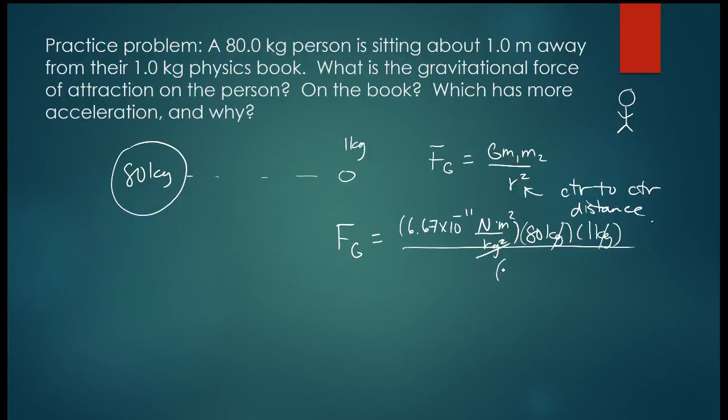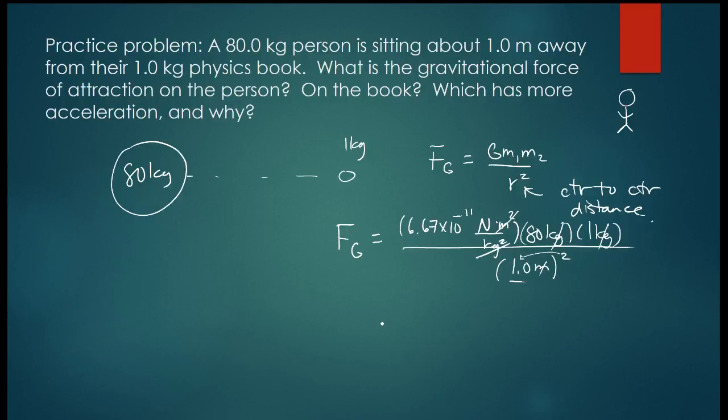And that's all divided by 1.0 meters quantity squared, which is going to cancel with those meters. Make sure that you actually square the 1.0 before you cancel out the units. Don't cross out this square here, because you might forget to apply that to the number down there.